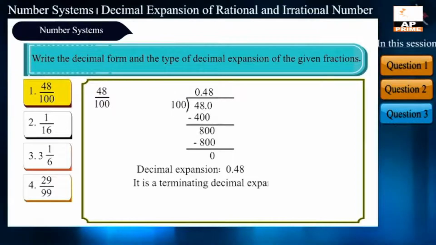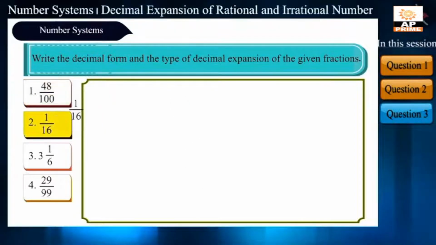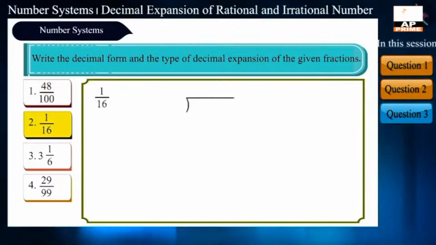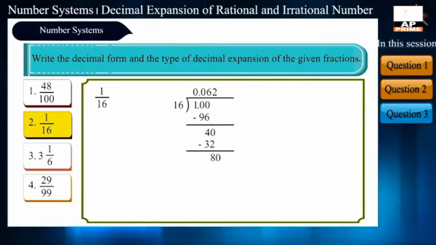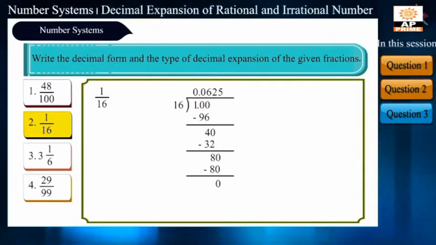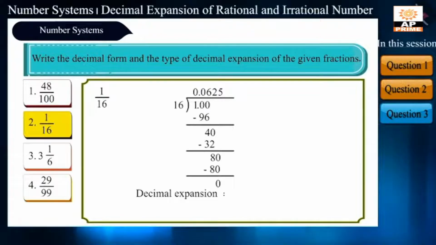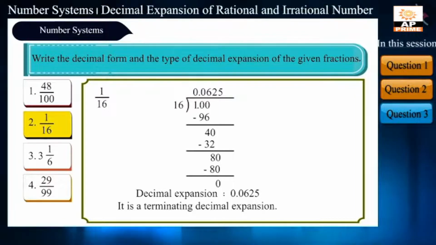Therefore, it is a terminating decimal expansion. 1 by 16. On solving this too, the remainder obtained is 0. Its decimal expansion is 0.0625.